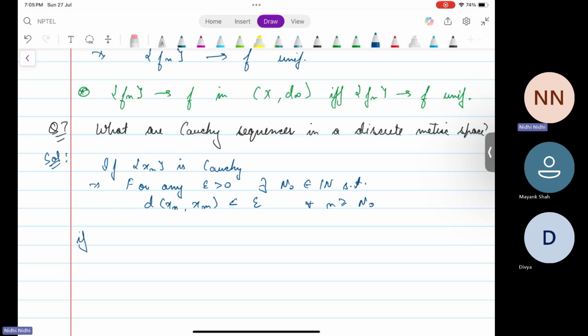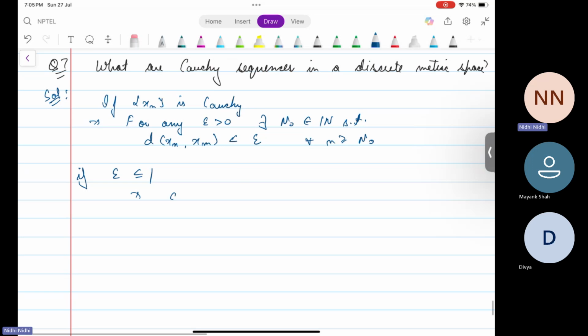And again, if we take epsilon to be less than or equal to 1, in that case, d(xn, xm) will be strictly less than 1 for all n and m greater than or equal to n naught.